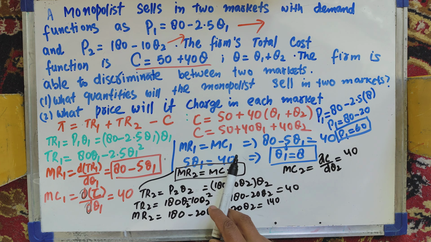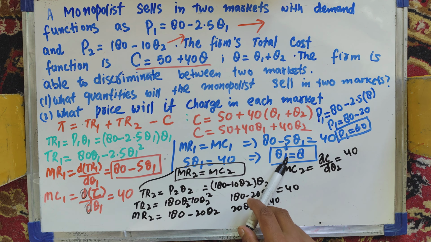Marginal revenue equals marginal cost means 80 minus 5 Q1 equals 40, or 5 Q1 equals 80 minus 40, which came out to be Q1 equals 8. I don't see any mistake here, but if there is, I am really sorry for my calculation.